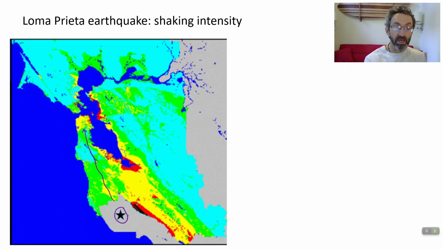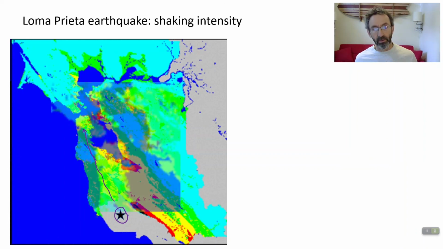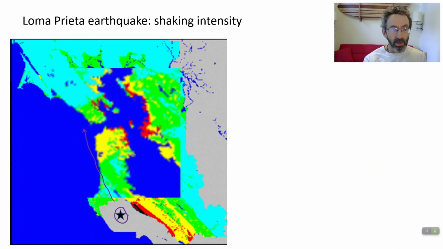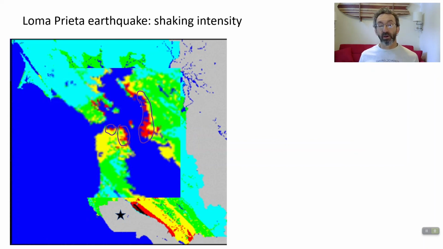So we're going to zoom in on this San Francisco and Berkeley area. And again, notice these pockets of intense shaking right along the bay. And this is where we saw some of the worst damage during the Loma Prieta earthquake.